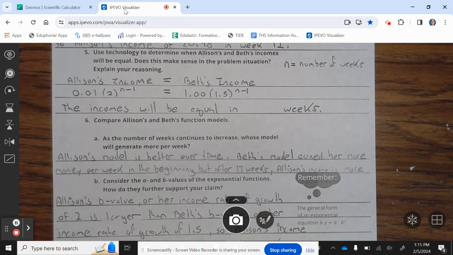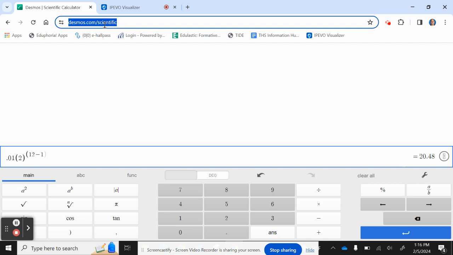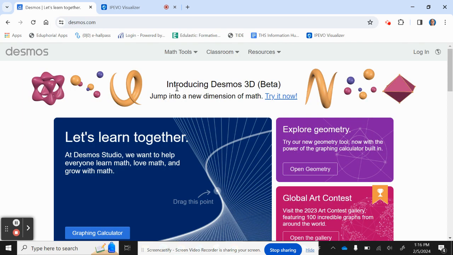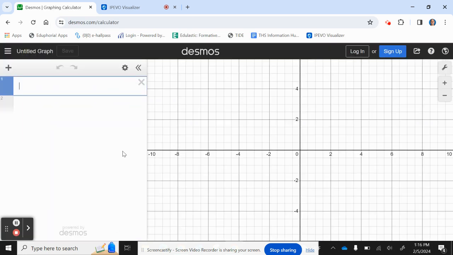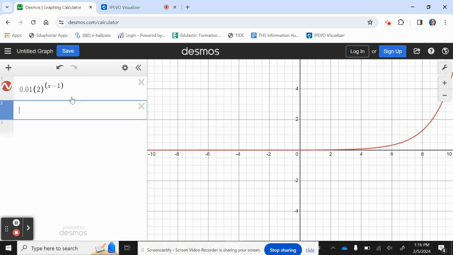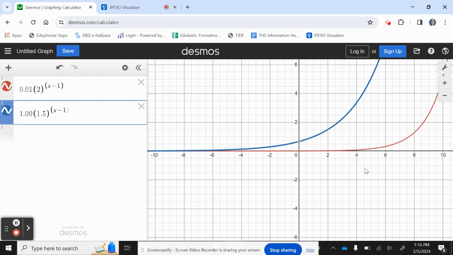Use technology to determine when Allison and Beth's incomes will be equal. Does this make sense in a problem situation? All right, let's go ahead and go to Desmos graphing. All right, and let's go ahead and zoom out and find out when they're equal.